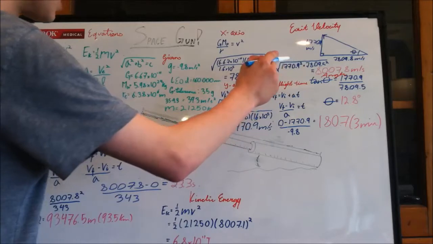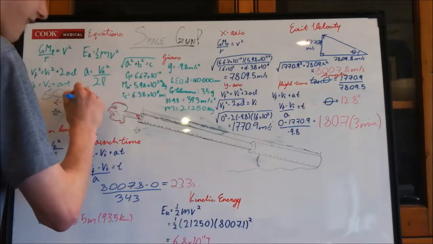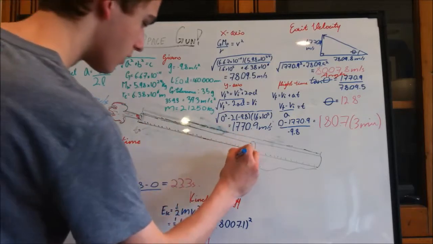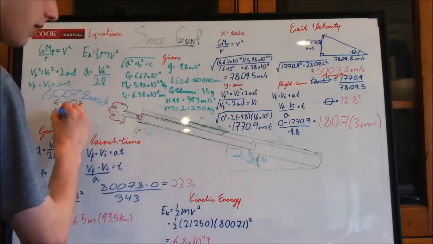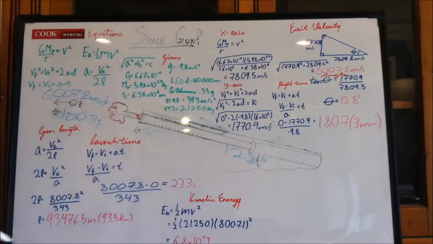So let's write these numbers down here on our gun. The time is going to be 180.7 seconds. So let's move on to the gun length. For the gun length, we're going to use our new equation, which is A equals VE squared over 2L. Move this to solve for 2L.